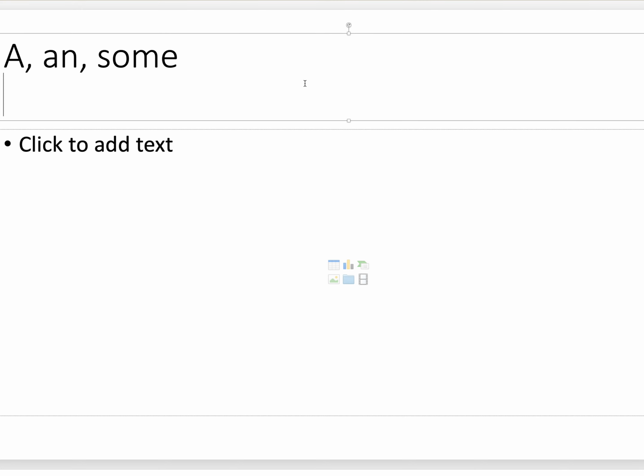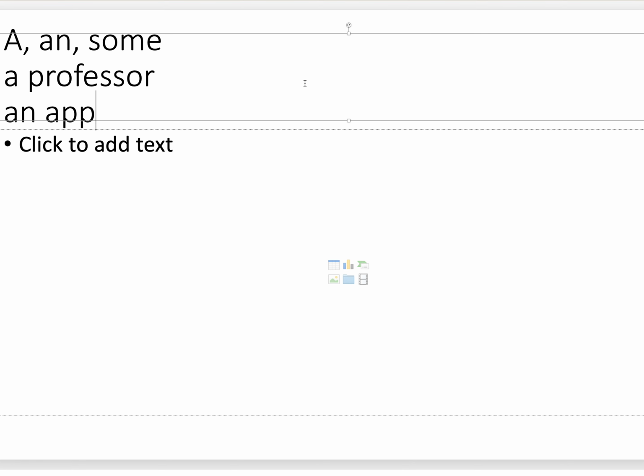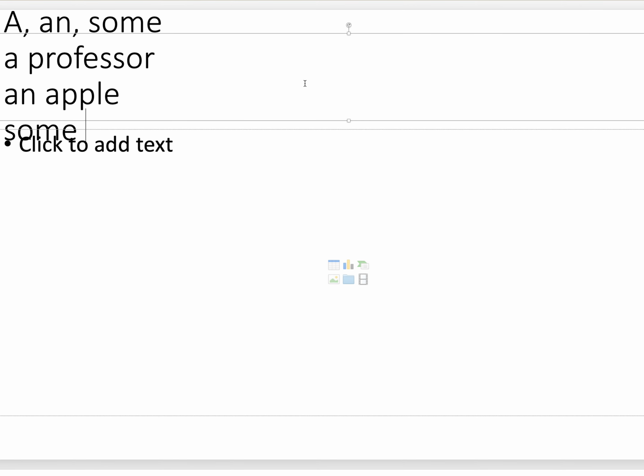So for example, a professor, right? An apple, right? Some oranges. We call a, an, and some indefinite articles because it's not a specific item, it's just any item in general.